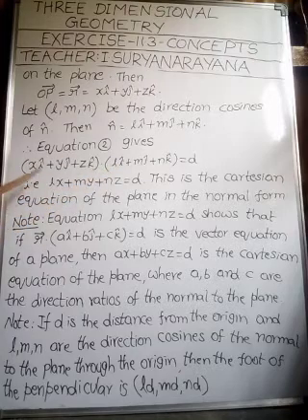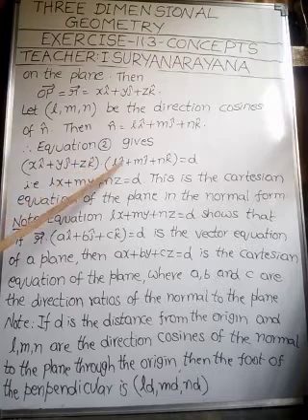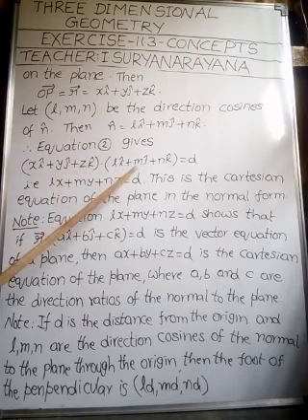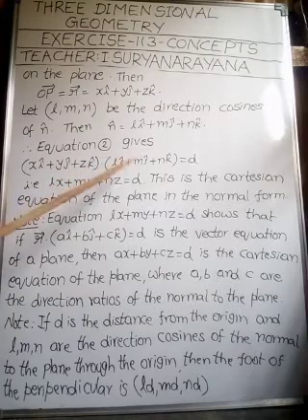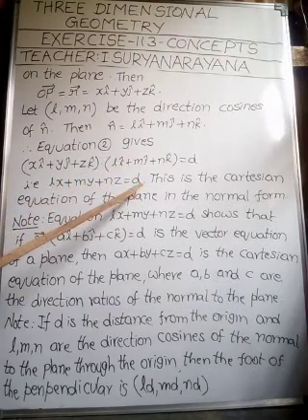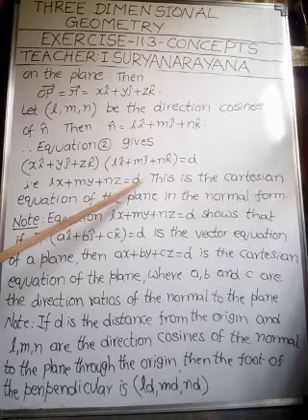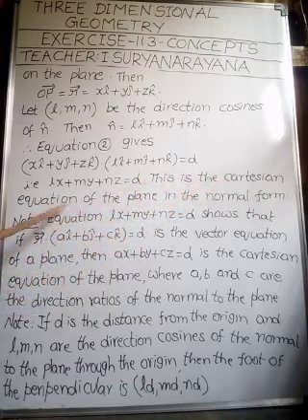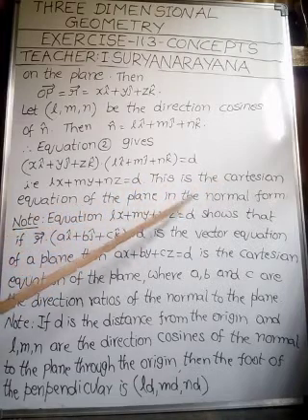Right. That is, if you multiply these two vectors by dot product, scalar product, then what do we get? lx plus my plus nz is equal to d. Understood this step, my children? Right. This is the Cartesian equation of the plane in the normal form.